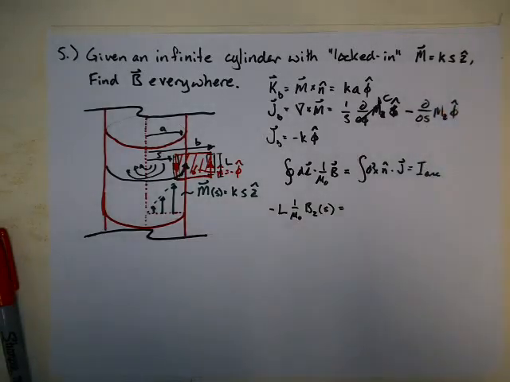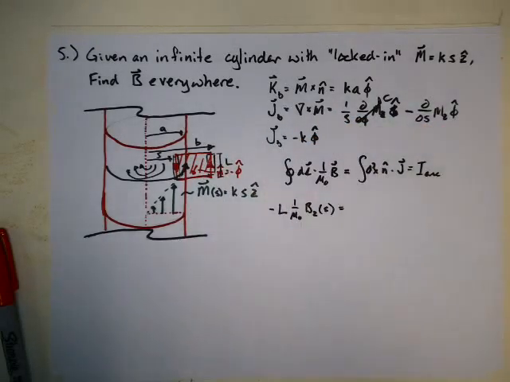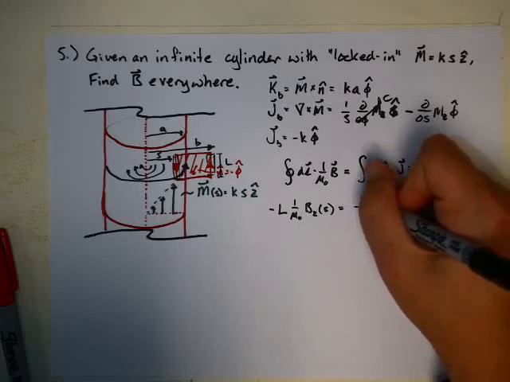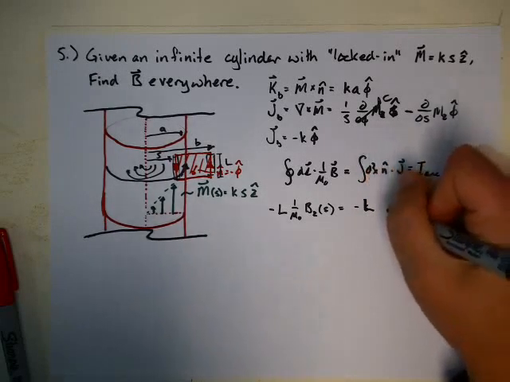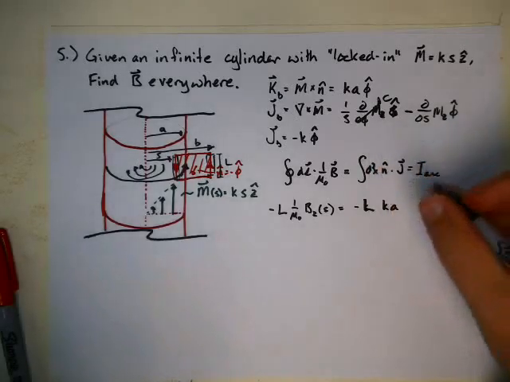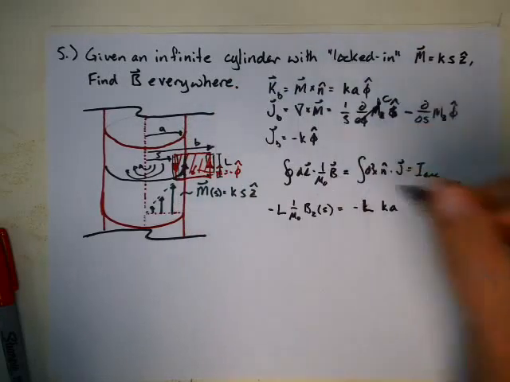The current enclosed: remember the normal to the surface is the minus phi hat, so we're going to get a minus from here. We have minus L, that's the length, times Ka, and this is from the surface current, because the surface current is enclosed, that part right there.